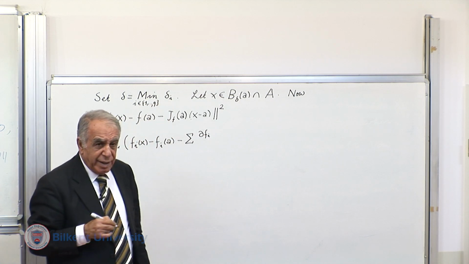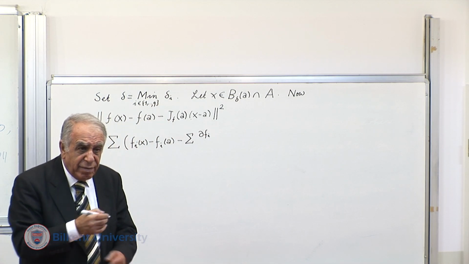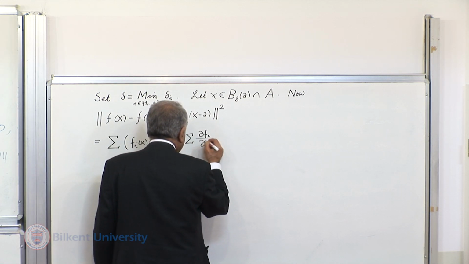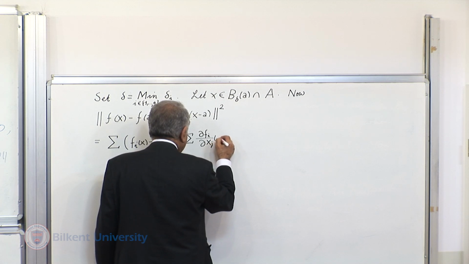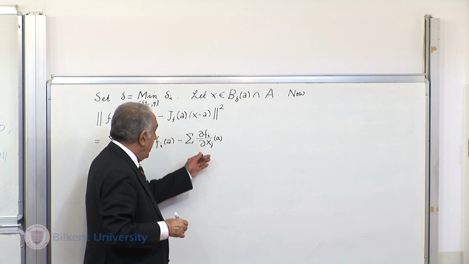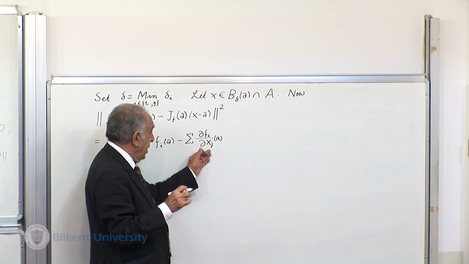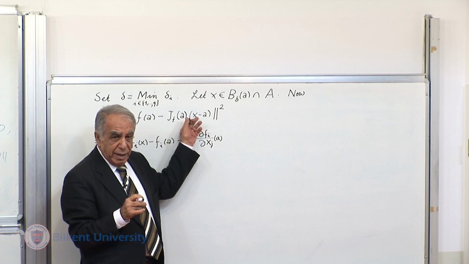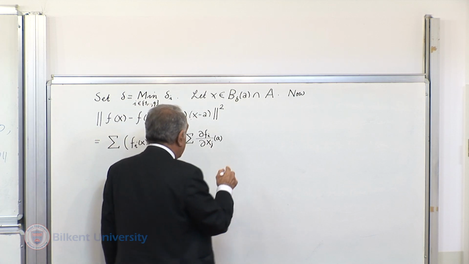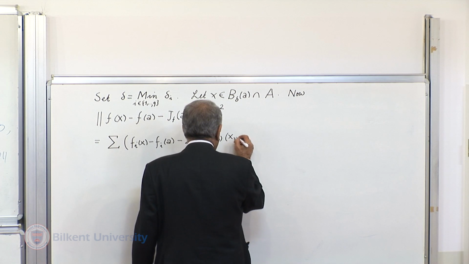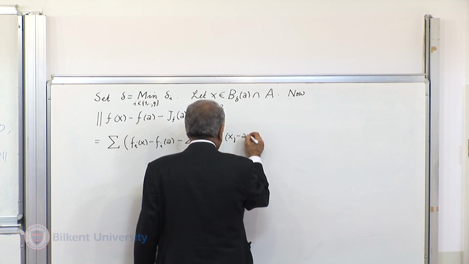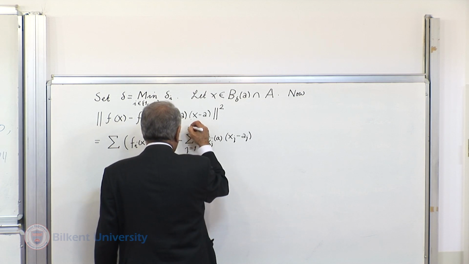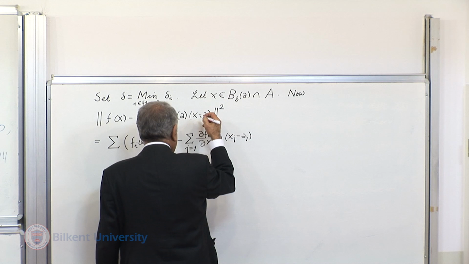You have the ith coordinate function and its various derivatives. The jth entry in this ith row is multiplied with the jth entry of this vector, x_j minus a_j, from j equals 1 to p.